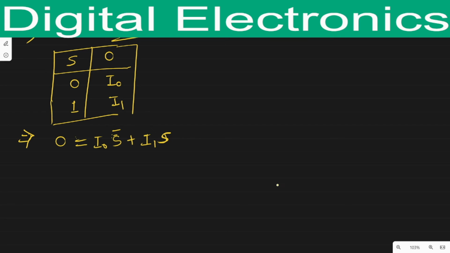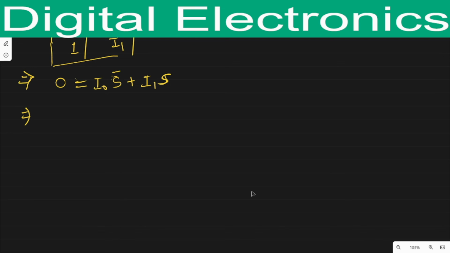Okay, now what is the next step? Step number 4 is that by using the logic expression we will draw logic diagram.